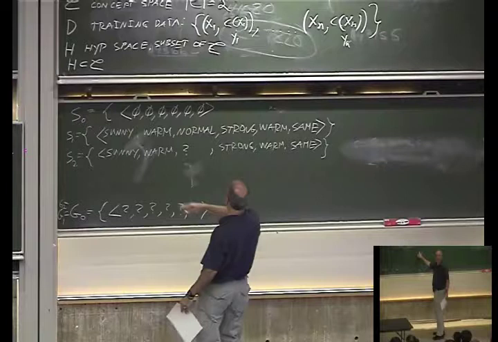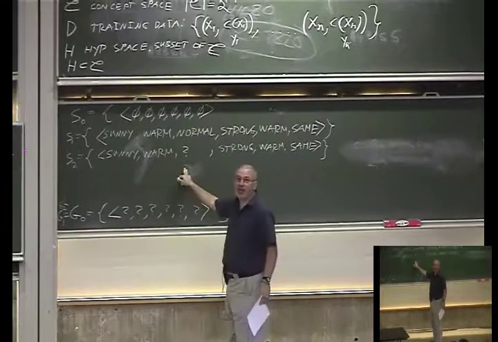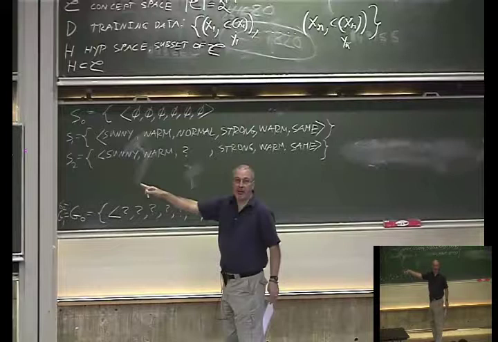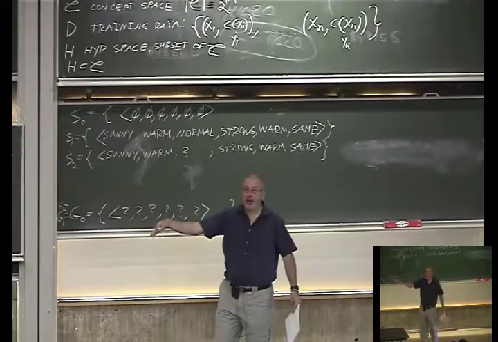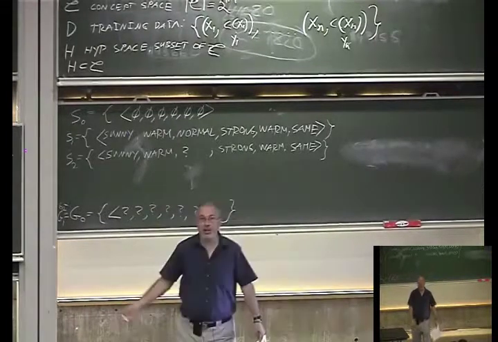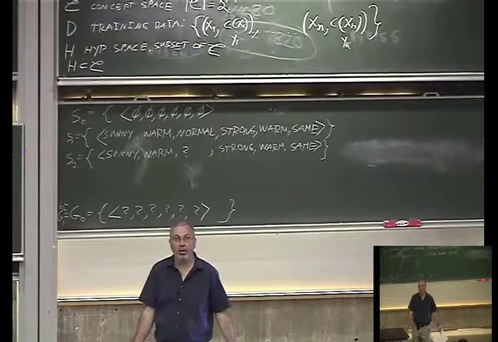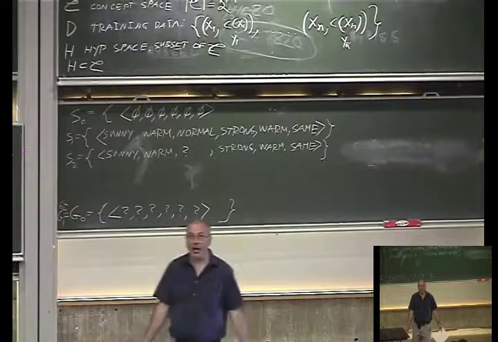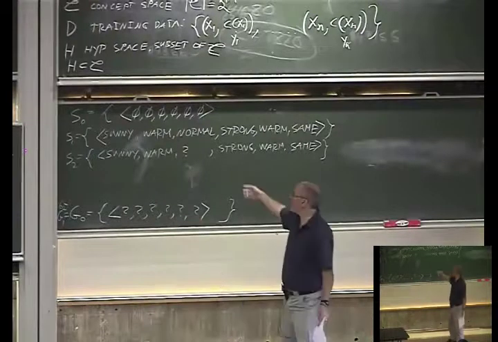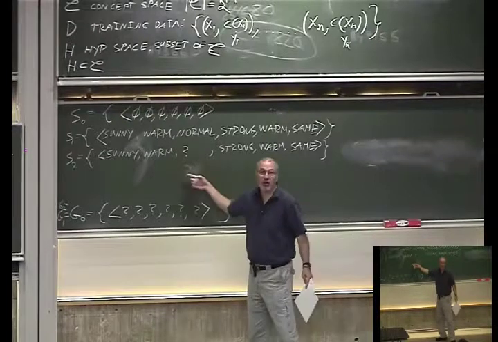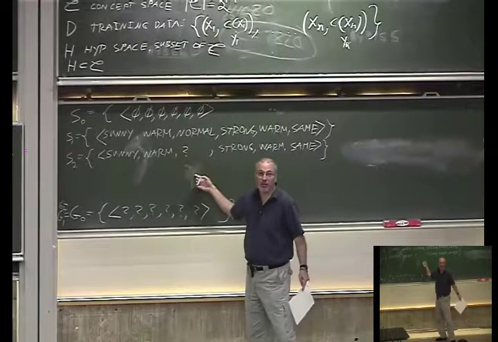So you take that one member, and you ask yourself, what does it say about example 3? Does it say yes or no? If it doesn't say no, it's inconsistent with it. It says no, right? I just boasted that it is able to say yes only for the first two examples and no for everything else. So it is consistent with it. You don't need to do anything.